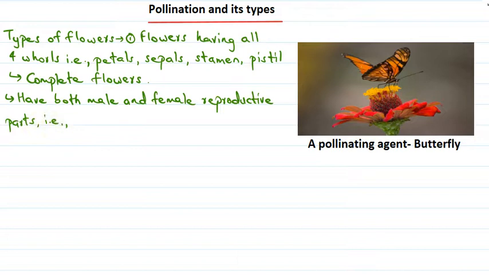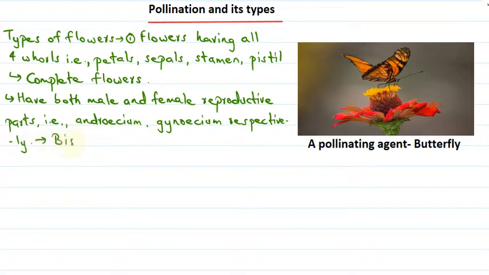The male reproductive part is also known as the androecium, and the female reproductive part is the gynoecium, respectively. So these flowers have both the male as well as the female reproductive parts, right? Hence they are also known as bisexual flowers.